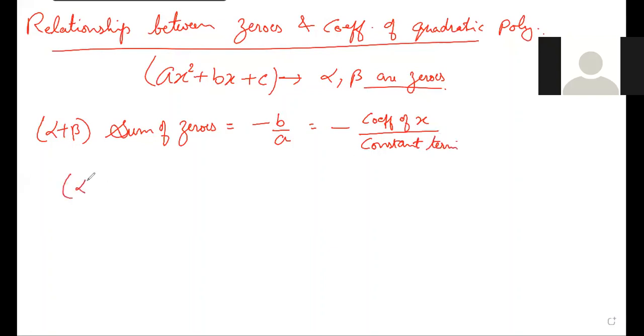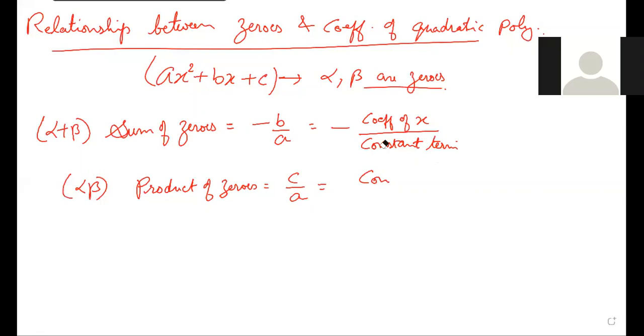And what about the product of zeros? Alpha into beta is c upon a. Sorry, just a minute, I made a mistake in this.